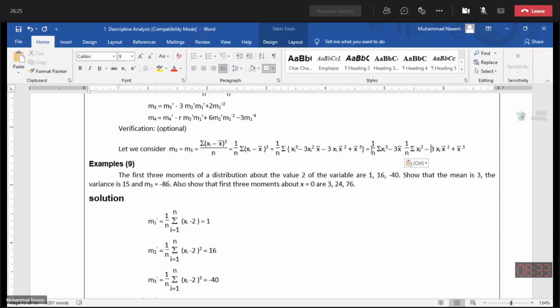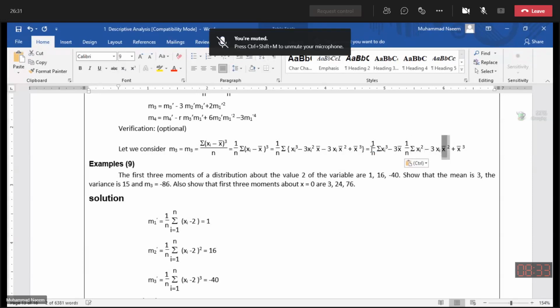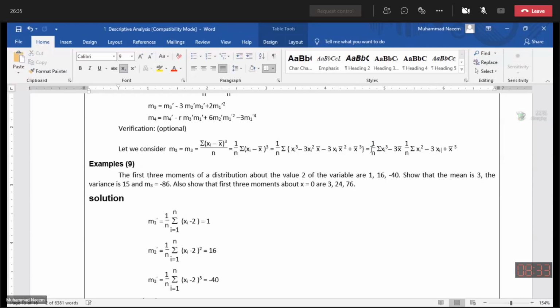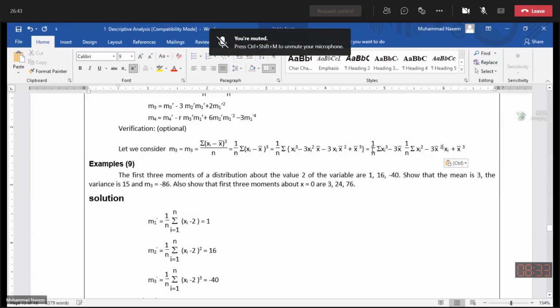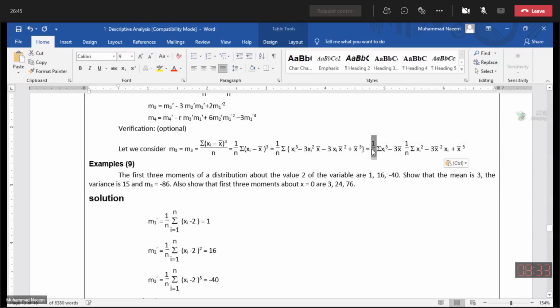So sigma is applied to only the variable terms. Again, in this case, x bar square is constant, so we take it outside and we apply sigma to the rest of the term and dividing by n.